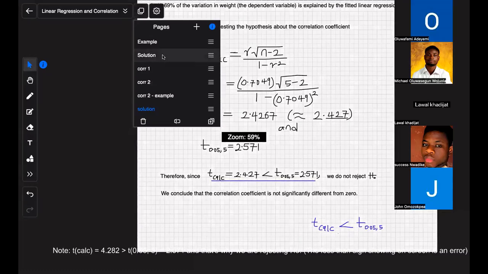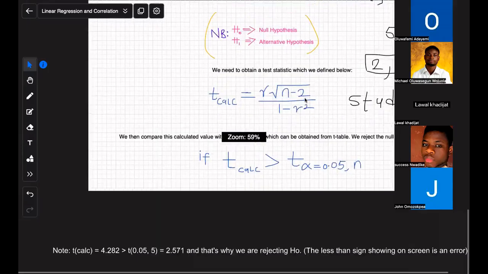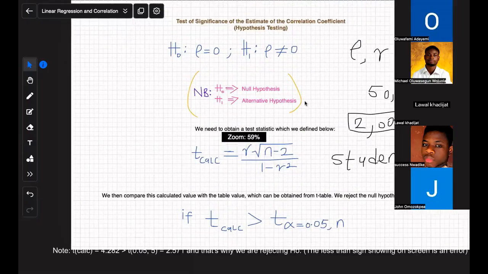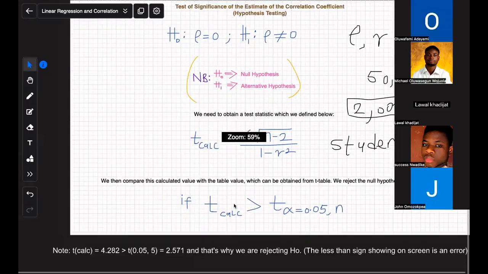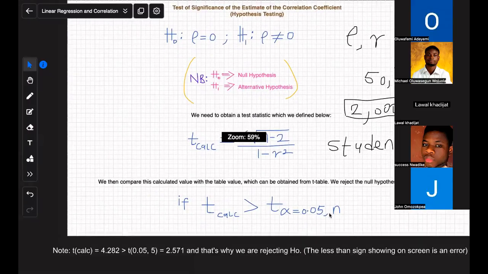Why are we doing that? We already have a pattern. We have something on ground already. And this is what we were told. Whenever we want to test the hypothesis about the correlation coefficient, we have to compare what we calculate with the table value. And then we reject the null hypothesis only if what we have calculated is greater than the table value.